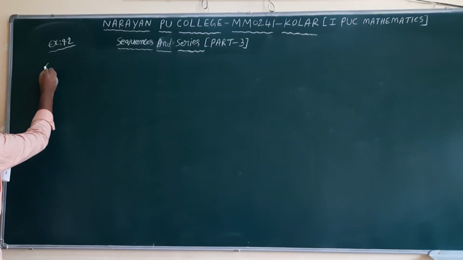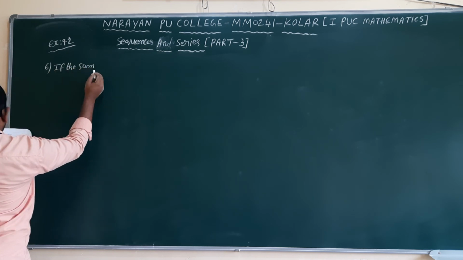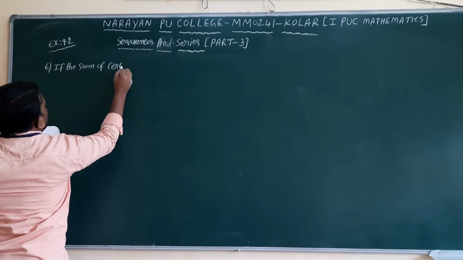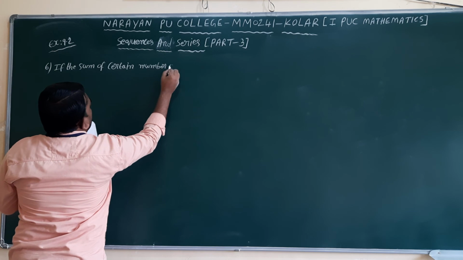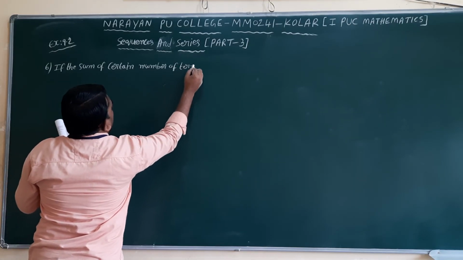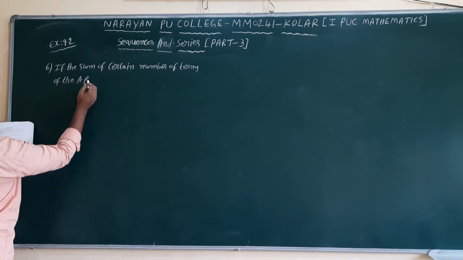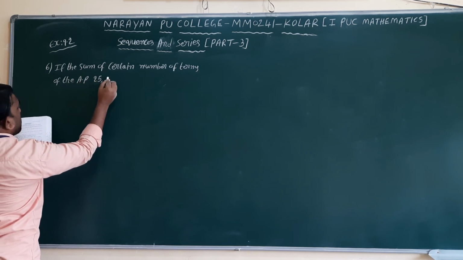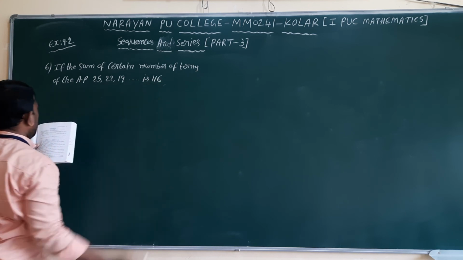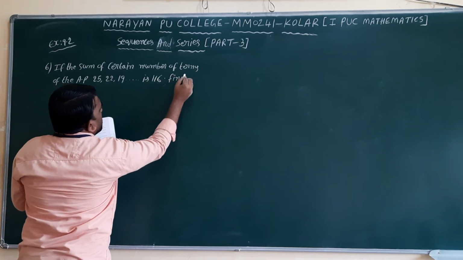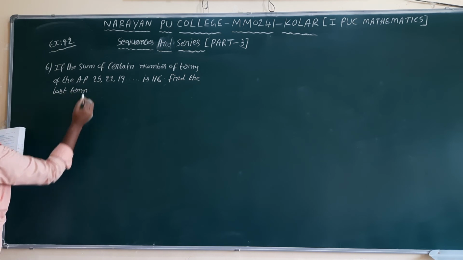Next problem. If the sum of a certain number of terms of the AP 25, 22, 19 and so on is 116, find the last term.